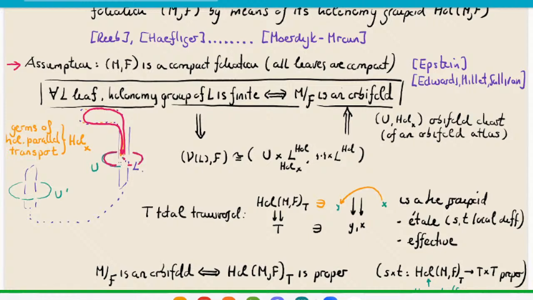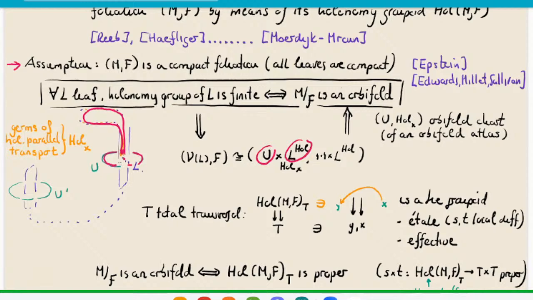So the normal form uses the small transversal. It uses the holonomy cover of the leaf. The leaf was compact, the holonomy group is finite, so that is a compact manifold. And then one uses the diagonal action of the holonomy group on the transversal and on the holonomy cover.